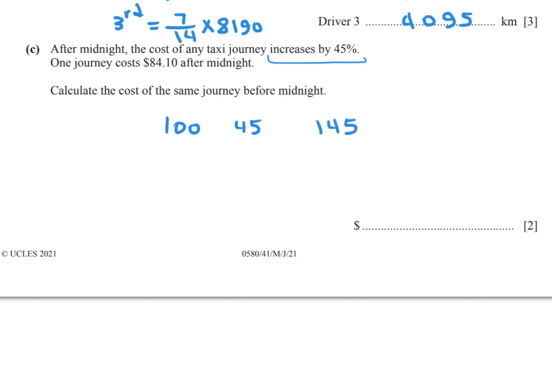So after the increase, now we have $84.10. Using cross multiply, you can find the cost before midnight. Multiply 84.10 by 100, then divide by 145. Answer $58.